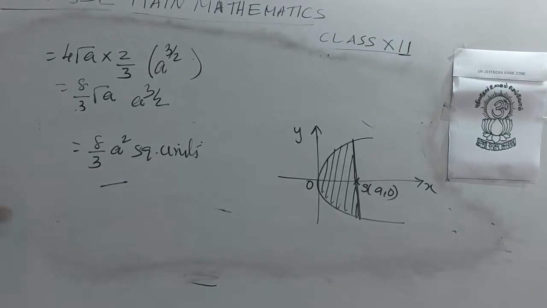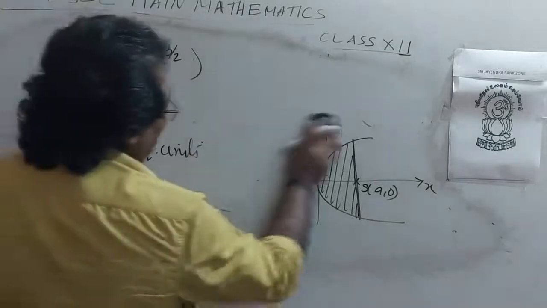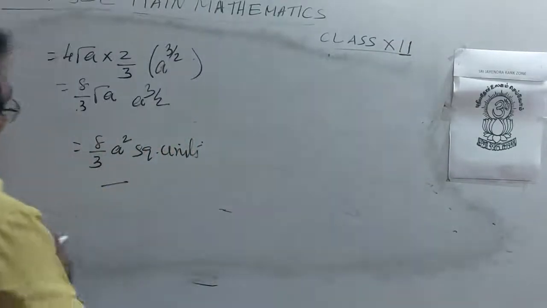You can remember this as a result: the area between the parabola and its latus rectum is 8 by 3 a squared.